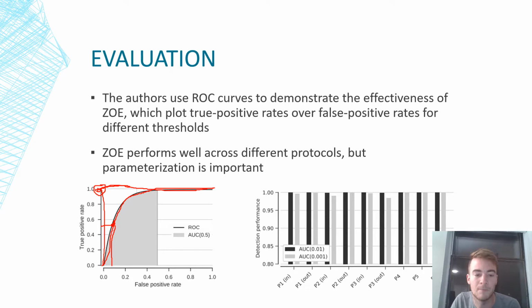And so over here in this graph, which shows the area under the curve for different protocols, incoming and outgoing, instead of taking the whole area under the curve, it was sort of benchmarked at a certain spot and then normalized. For example, these dark bars right here represent area under the curve normalized to 0.01.